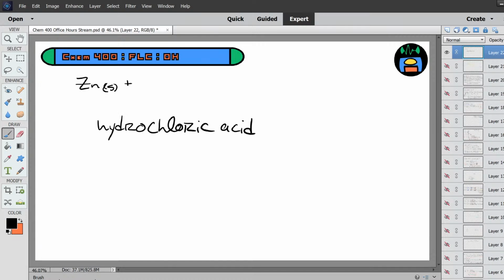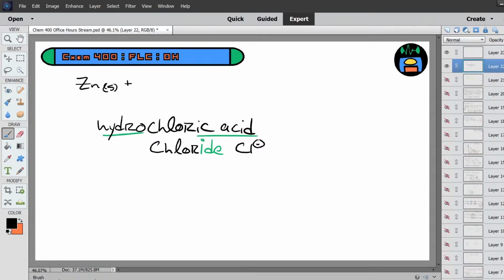Whenever you have a hydro-ic acid, that means your anion ends in "ide." So the anion we're dealing with here is chloride, Cl minus. If chloride has a charge of -1, that means hydrochloric acid will have one hydrogen. The acid gets one hydrogen for each negative charge that the anion bears.